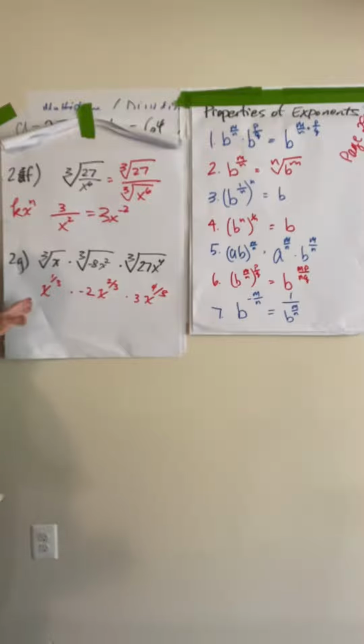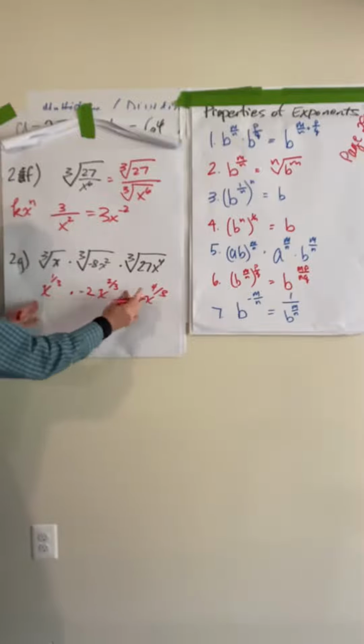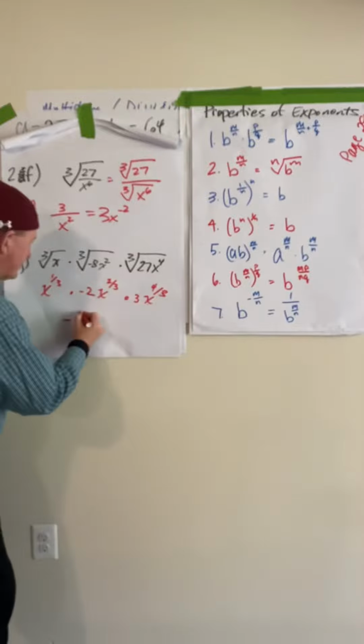Now, almost done. We got to multiply these together, because this is multiplication. And we got one negative and all the rest positive. So we're going to have a negative answer. We got a 2 times a 3, that's a 6.